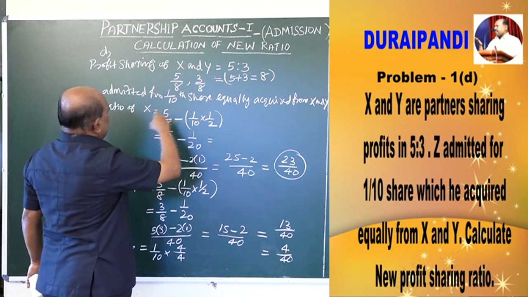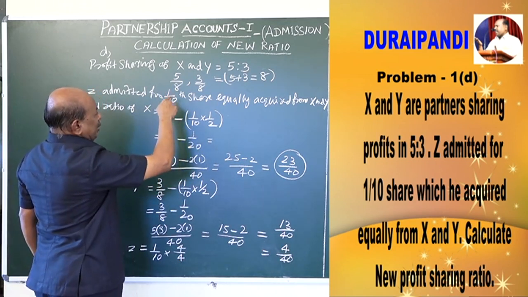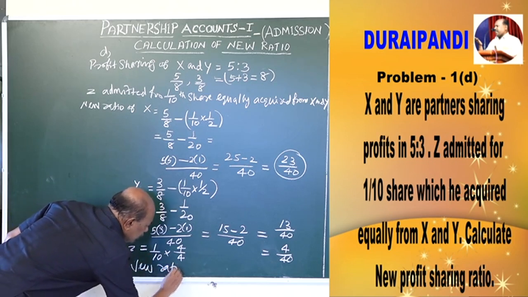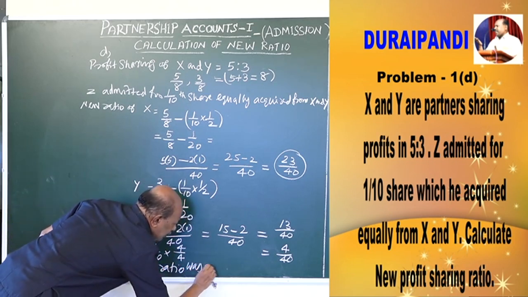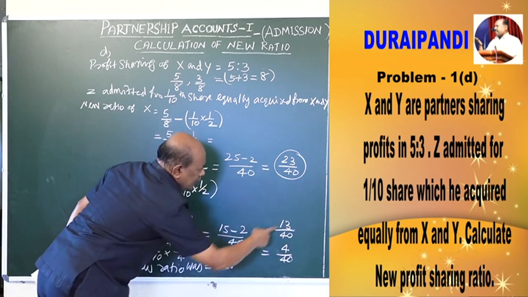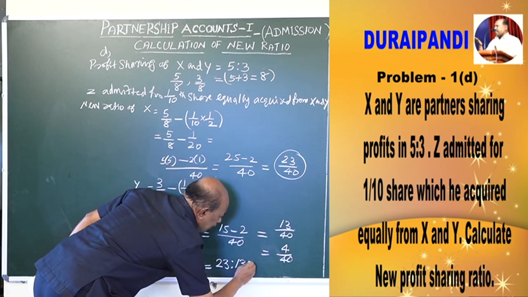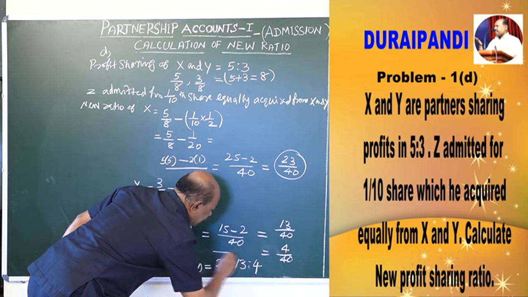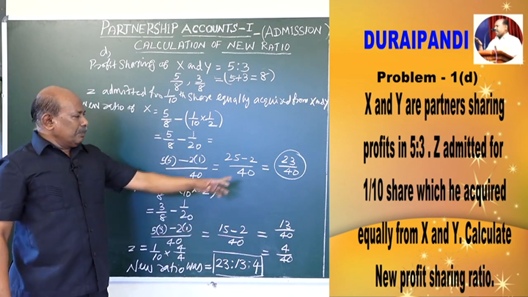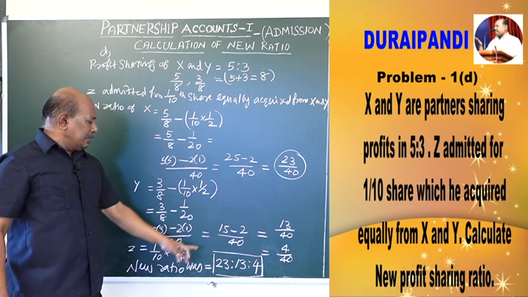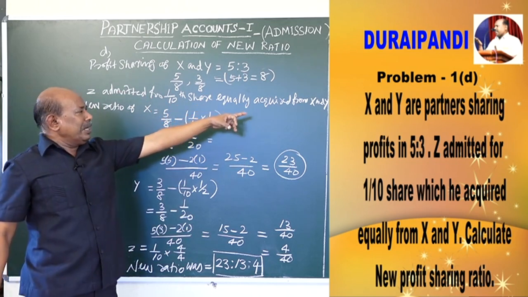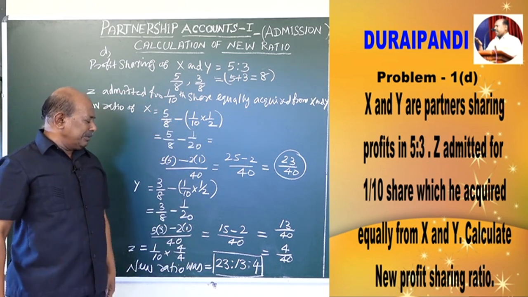The new ratio among X, Y and Z is 23:13:4. That is the new ratio among the partners X, Y and Z after admitting Z for 1/10 share equally acquired from X and Y. That's all.